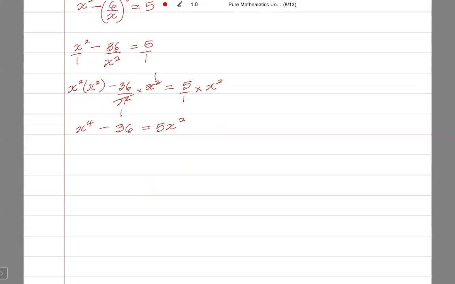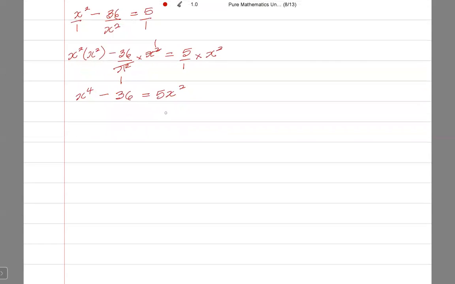Then I'm going to bring over my 5x squared, and this is going to become x to the 4th power minus 5x squared minus 36 is equal to 0. Now, this is actually a quadratic. In order for you to see it clearly, I'm going to say let x squared be equal to a.